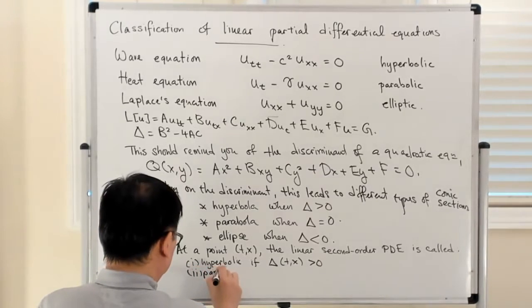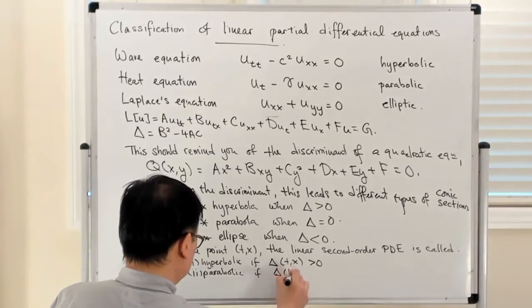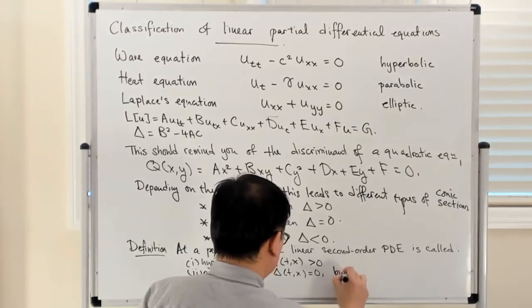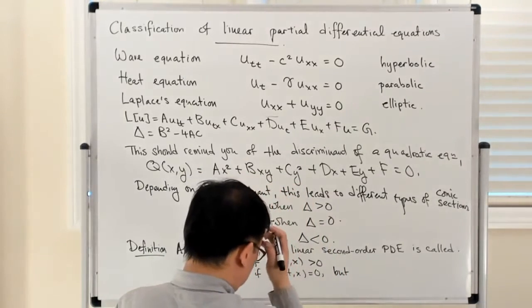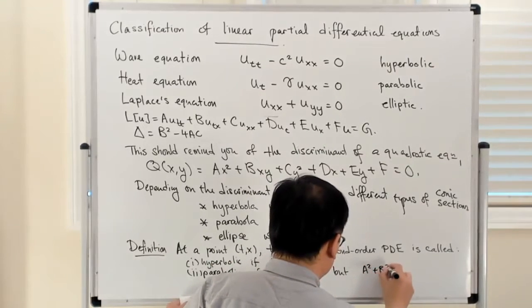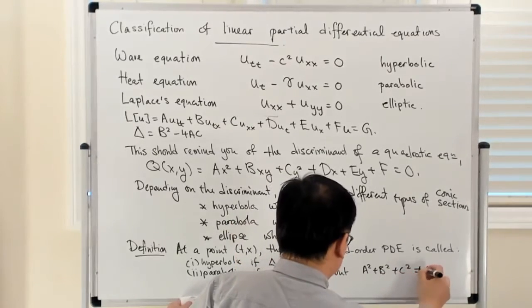parabolic if delta at Tx is equal to 0, but this operator is actually second order, so a squared plus b squared plus c squared is not equal to 0.